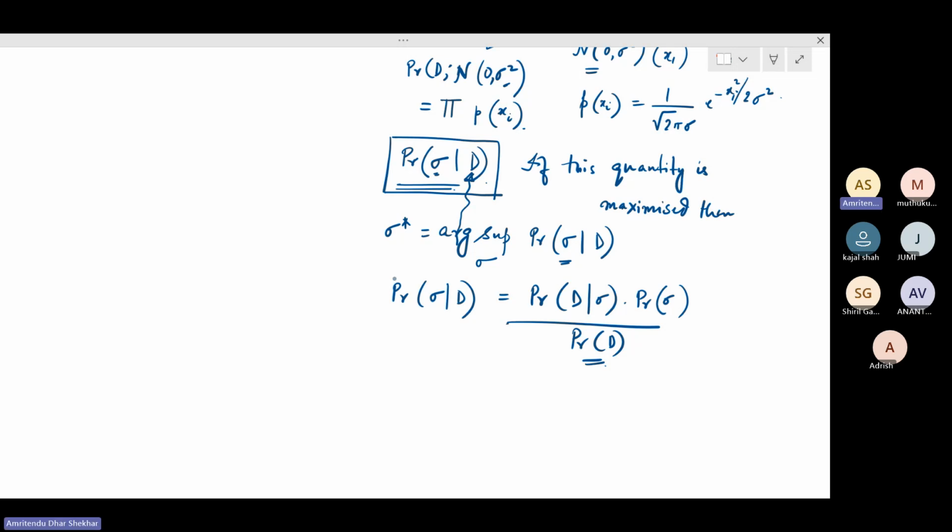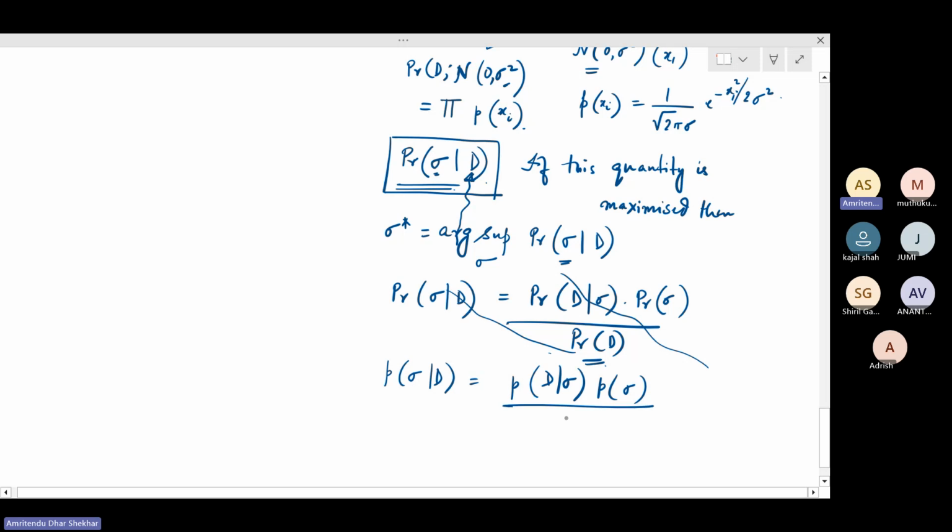So instead, you should write it as the probability density of sigma given D. So Bayes theorem carries over to densities as well. It's not just for events, but also applies to densities of random variables. So you have this given p(sigma), and then some probability of this data set.